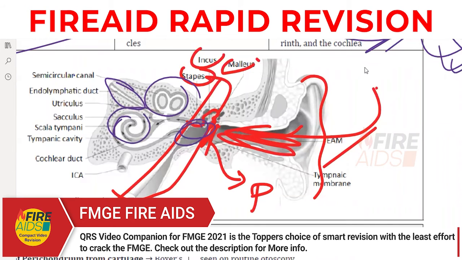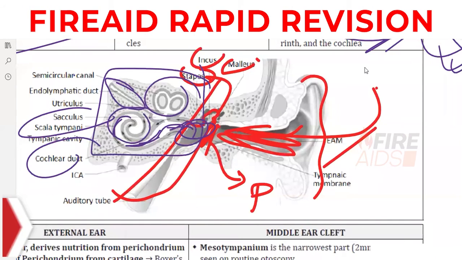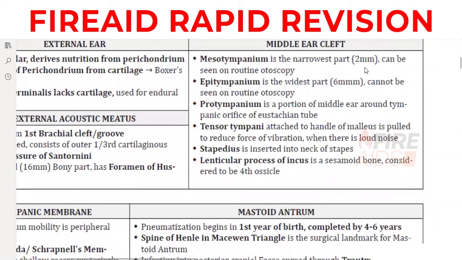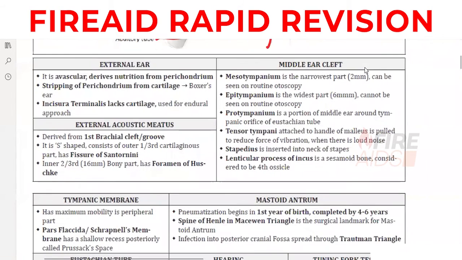The duct continuing from the tympanic cavity is called the cochlear duct. Again, those are not MCQs, just for you to know. We will focus on MCQ purposes only.